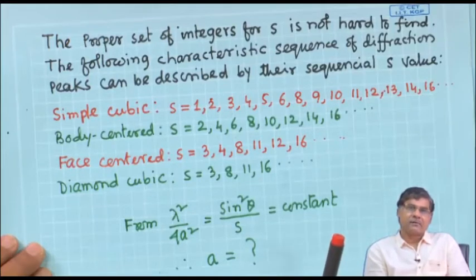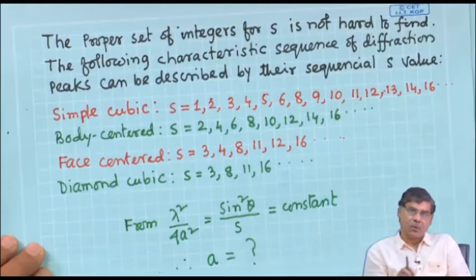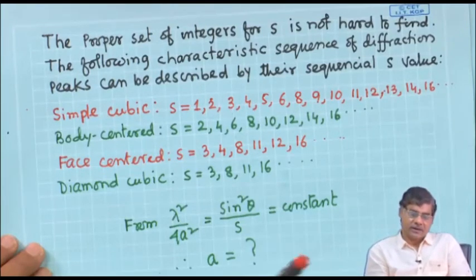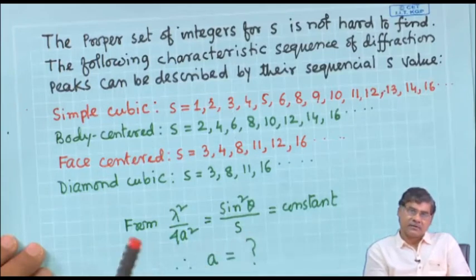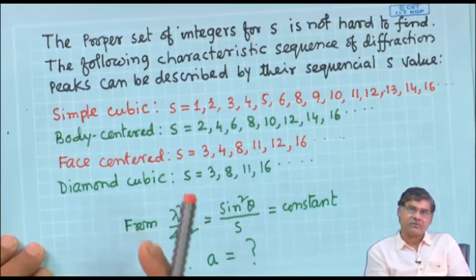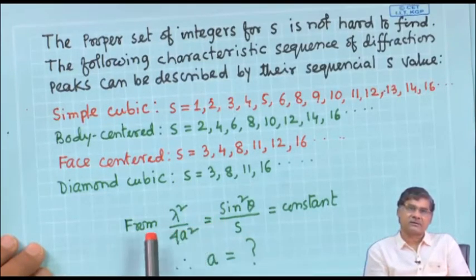Then you divide the sin square theta by 1, 2, 3, 4, 5, 6, not 7, 8, 9, 10. Then you find out for which values sin square theta by S is constant, which values are the same.